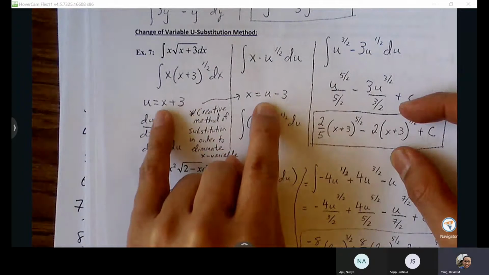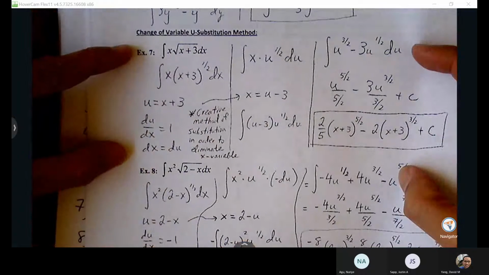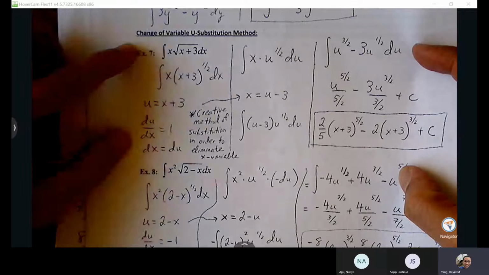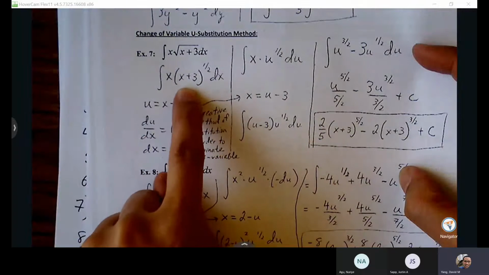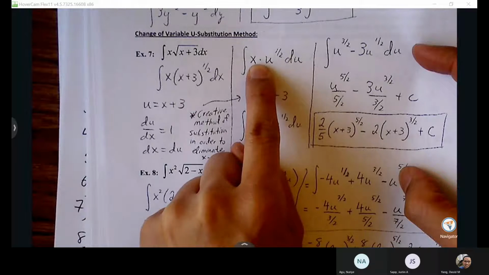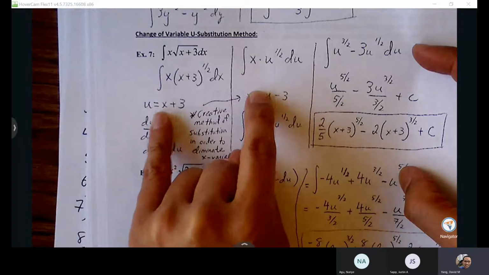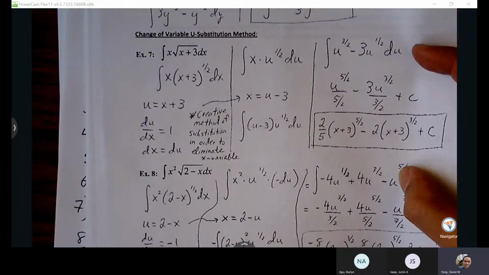Do you guys want to see another one of those? What's the difference between U substitution? So this one is where the u value doesn't make the x go away. And we had to do another round of substitution to get that x to disappear. Do you guys want to see another one of those? Okay, all right.